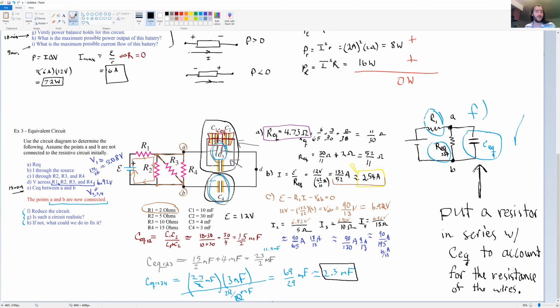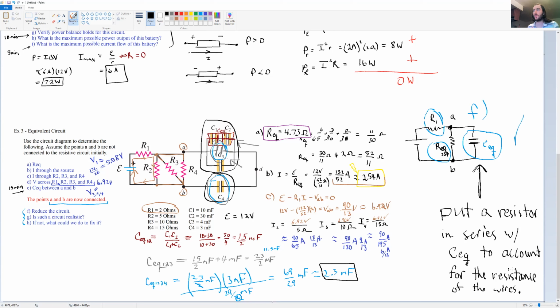The capacitor is made up of a conducting set of parallel plates, for example, if it's a parallel plate capacitor. And those conducting plates, of course, obey Ohm's law. So as the capacitor is charging up, that conductor has a resistance while there's current flowing onto the plates of the capacitor. They experience resistance.